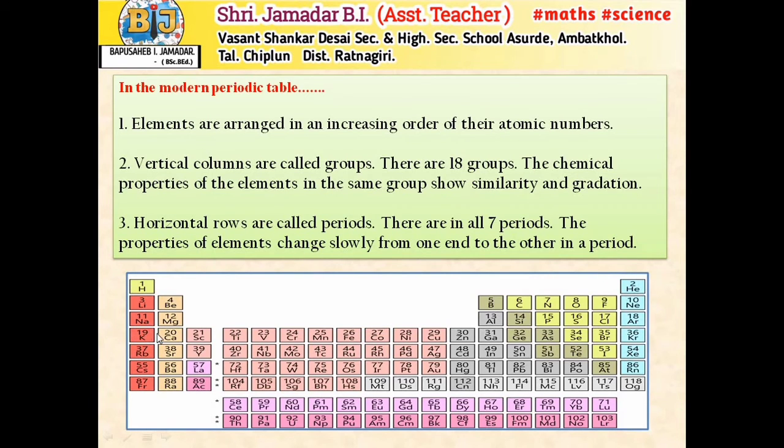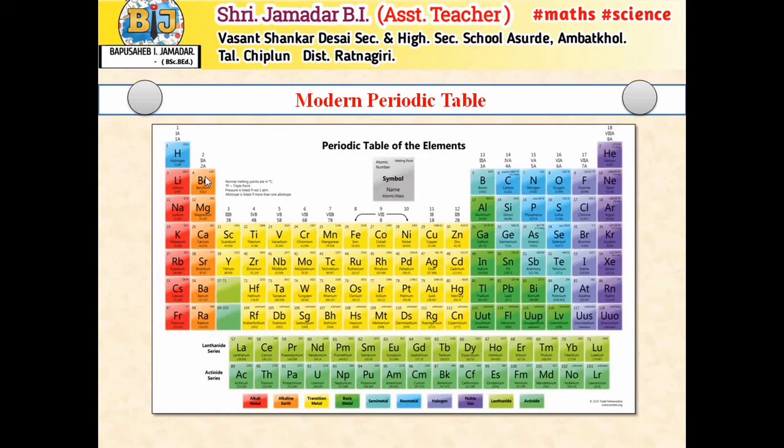There are in all 7 periods. The properties of elements change slowly from one end to the other in a period. How is the modern periodic table? The periodic table of the elements is shown on the screen.